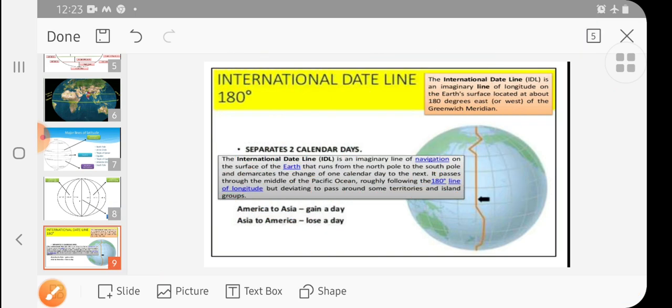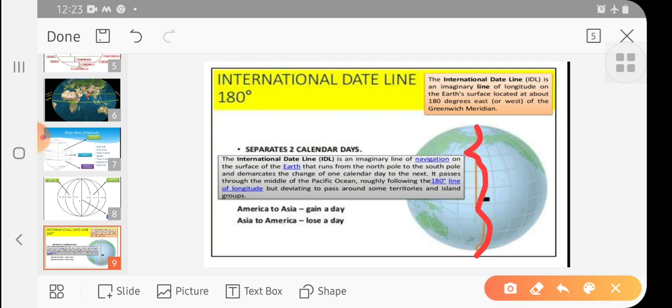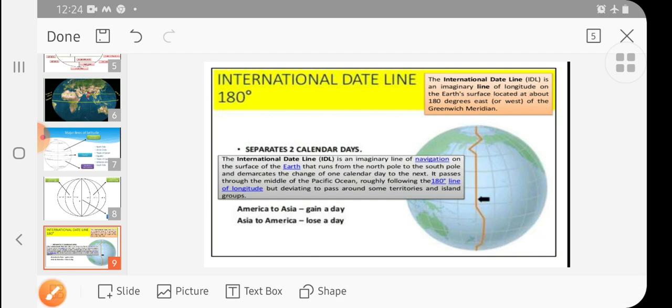And the international date line, we can understand this. What is that? This line particularly, if you are observing this globe, this is the exact line of the international date line, and behind this one again, if you go back to this globe, the 180 line. So in this reference we can understand.